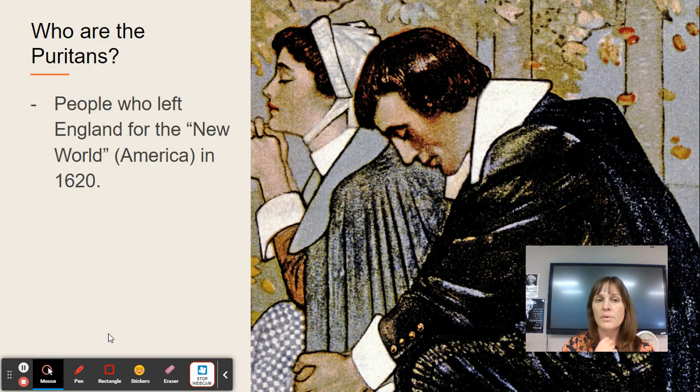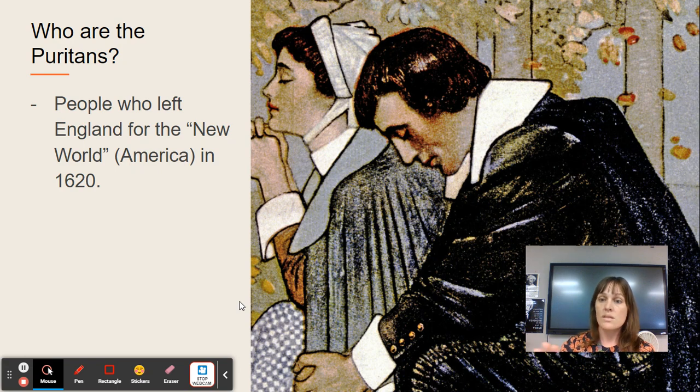The Puritans were people who left England across the Atlantic for the New World or America in 1620. Back in the olden timey times, these people felt religious persecution in England, and so they left England to set up their own colony in the New World. We're not really going to touch here on how this was not really a new world.